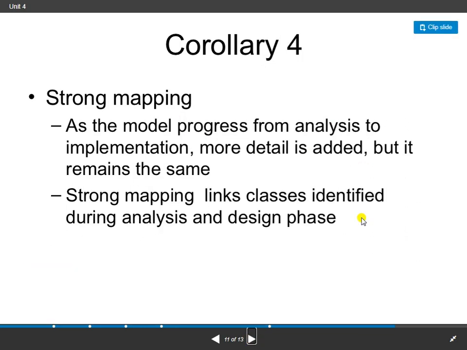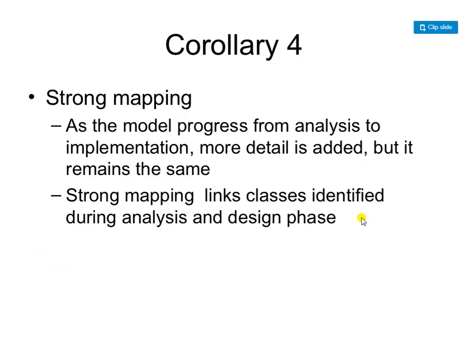Then corollary 4, that is rule number 4, which is strong mapping. Strong mapping means that as the model progresses from analysis to implementation, more detail is added, but it remains the same.